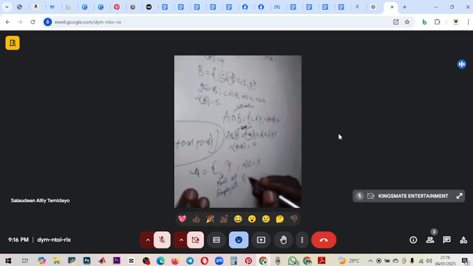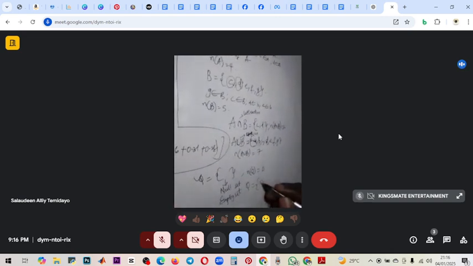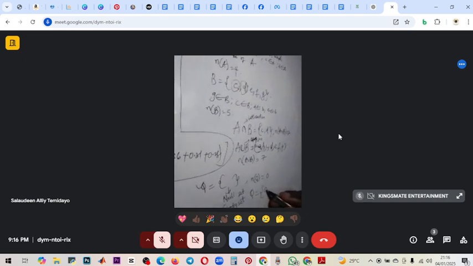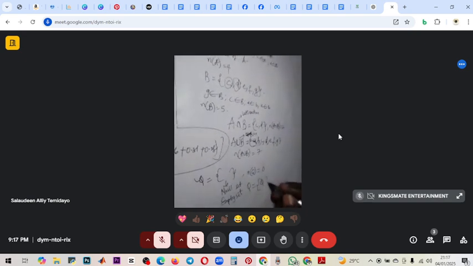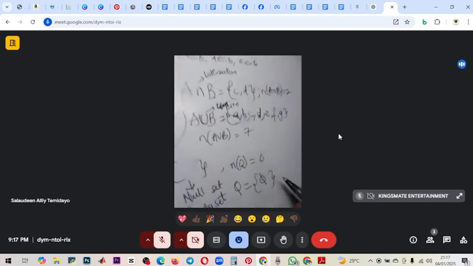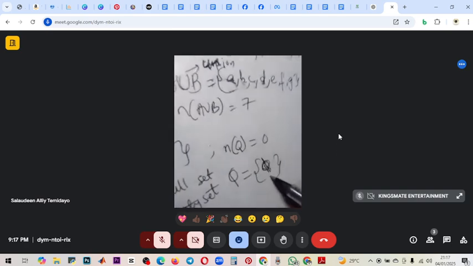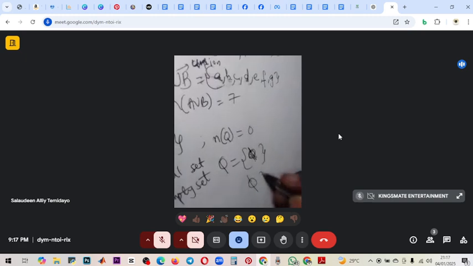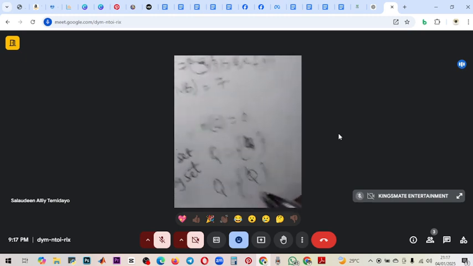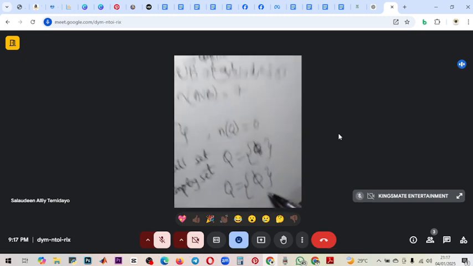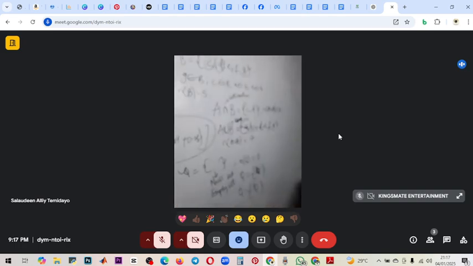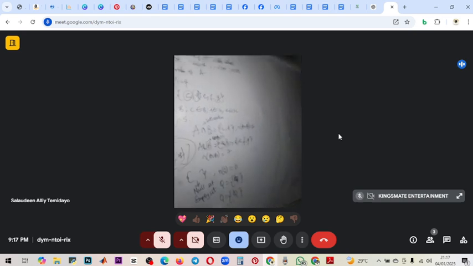It can also be written with the empty set symbol. Whenever you see something like this, know that the set does not contain any element. It is a null set, an empty set. That is what I mean by that.